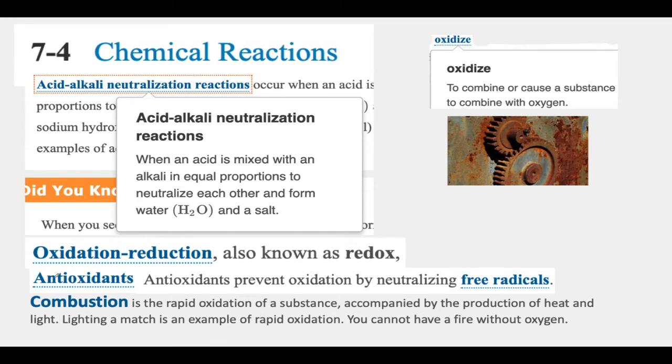We'll look into that. Then we have antioxidants, which prevent oxidation by neutralizing free radicals. We see that oxidation process happening here: something oxidizes, and if you look at rain water, it does have oxygen in it. When it combines with oxygen, what do you get? You get rust in a metal.